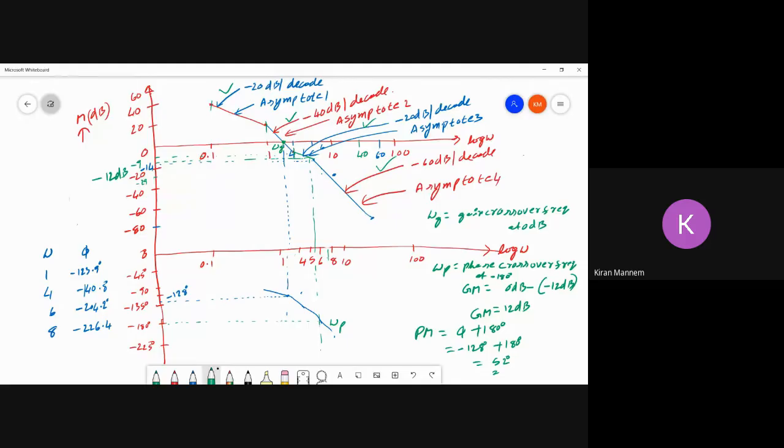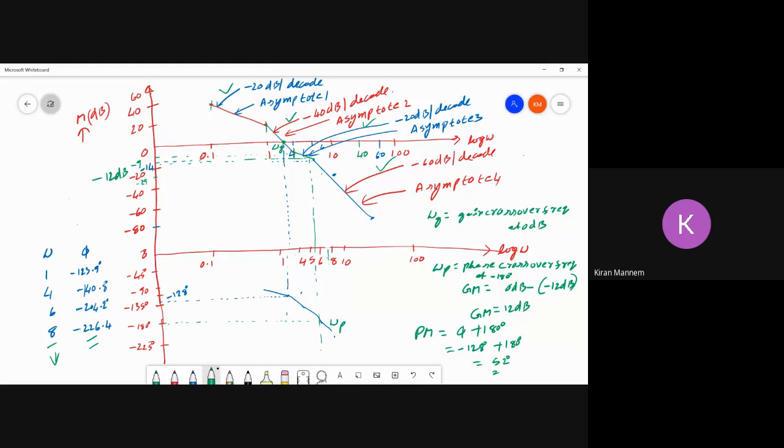So next we should draw the phase plot by taking omega values 1, 4, 6 or 8, and you can take any value. So see that you should get minus 180 degrees in the resultant phase. If you're not getting it, we'll see that condition.